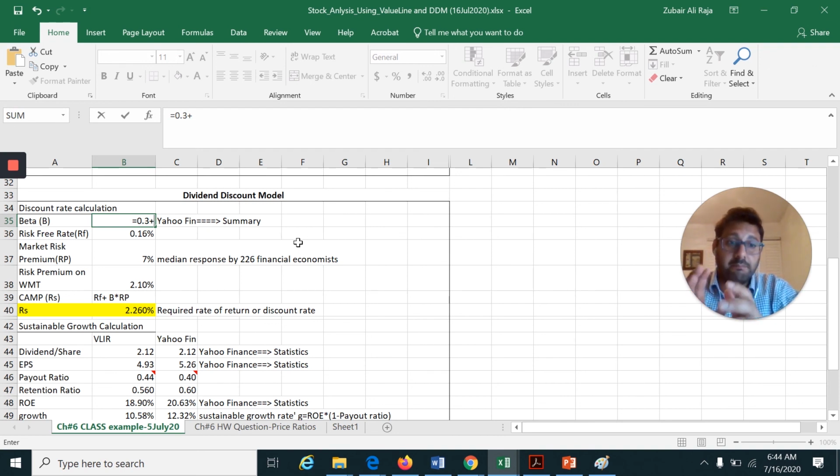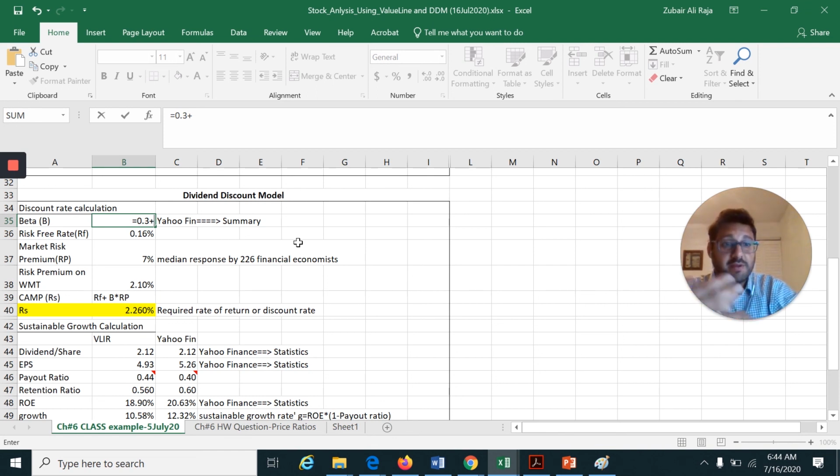So again, monthly returns for 5 years, weekly returns for 3 years, or daily returns for 1 year. Some people calculate the beta in all these three ways and simply take their average. It's time consuming.